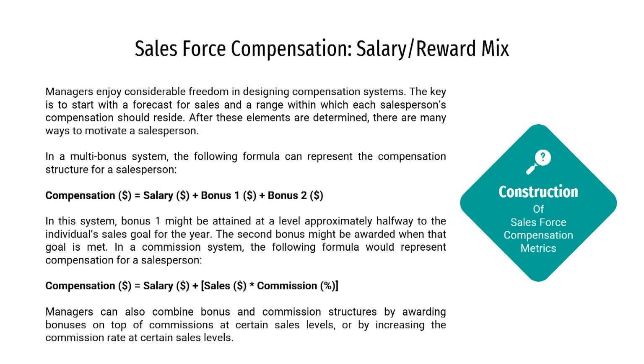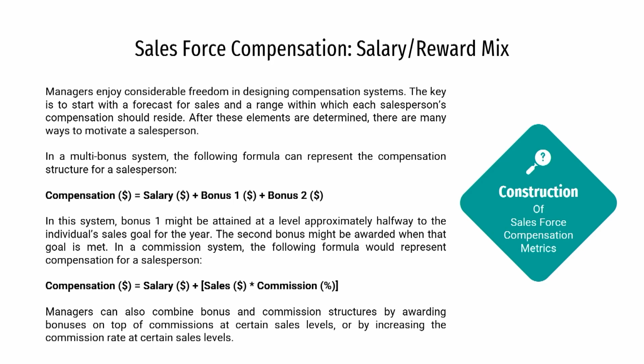Managers can also combine the bonus and commission structure by awarding bonuses on top of commissions at certain sales levels, or by increasing the commission rate at certain sales levels, fine. So, it can be a combination of both.